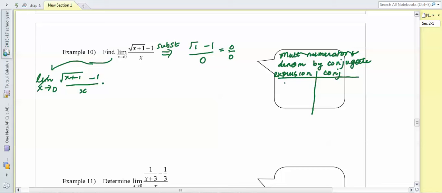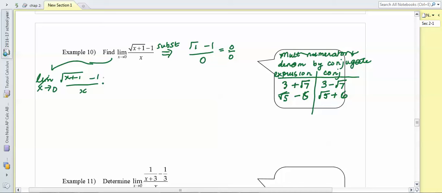So if I have 3 plus root 7, the radical conjugate is 3 minus root 7. If I have root 5 minus 6, the radical conjugate is root 5 plus 6.